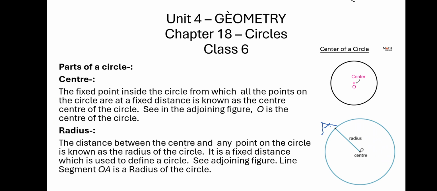Radius. The distance between the center and any point on the circle is known as the radius of the circle. It is a fixed distance which is used to define a circle. See the adjoining figure, line segment OA is the radius of the circle.